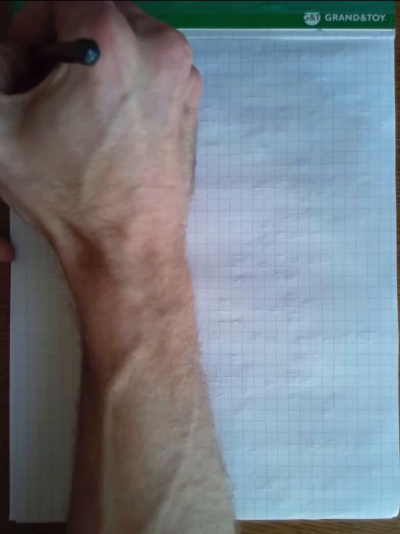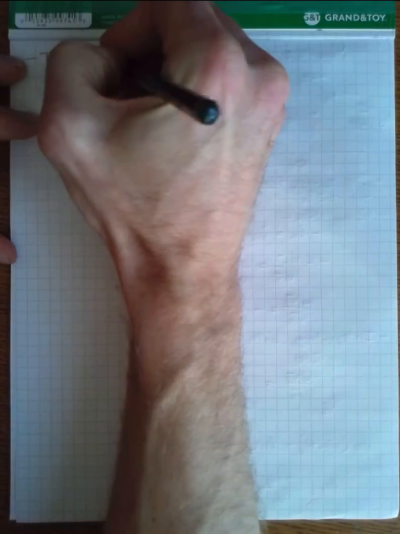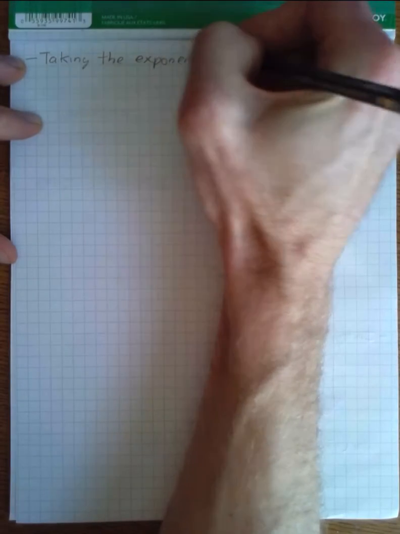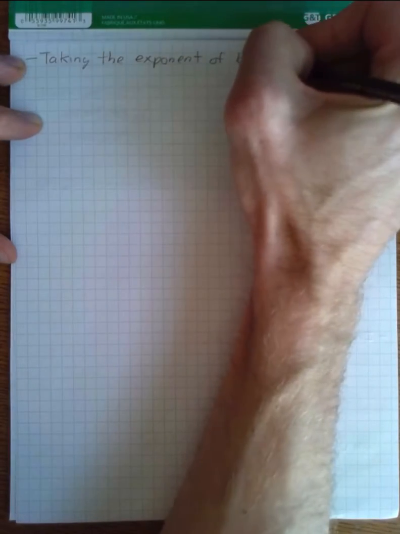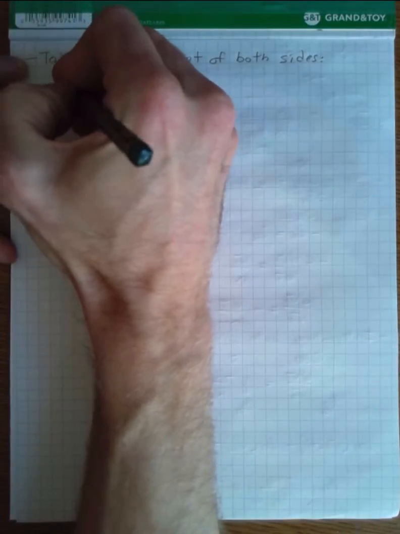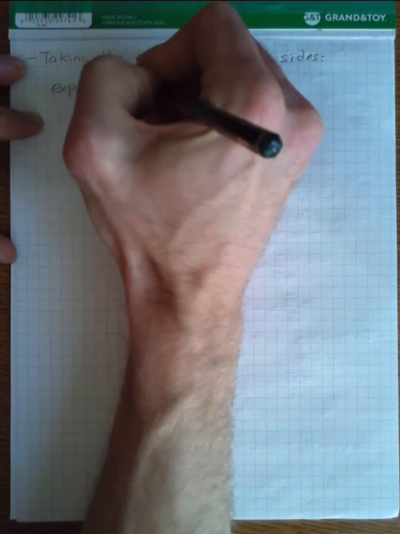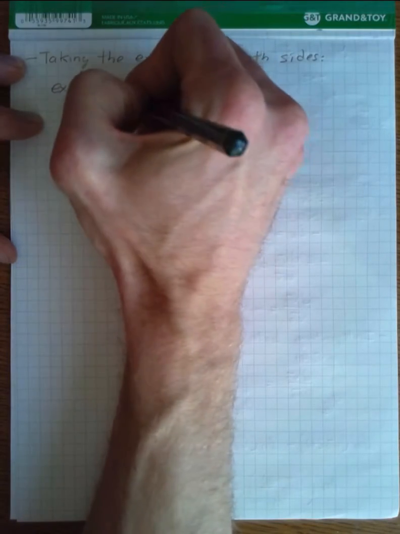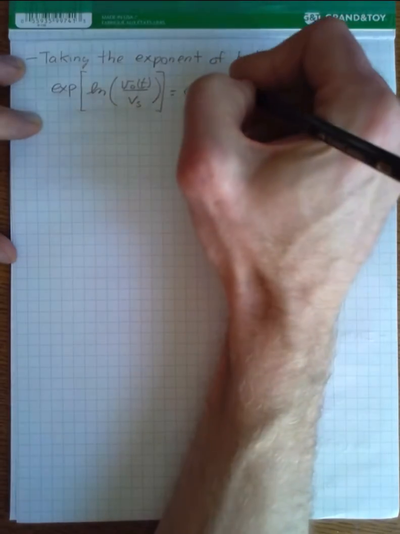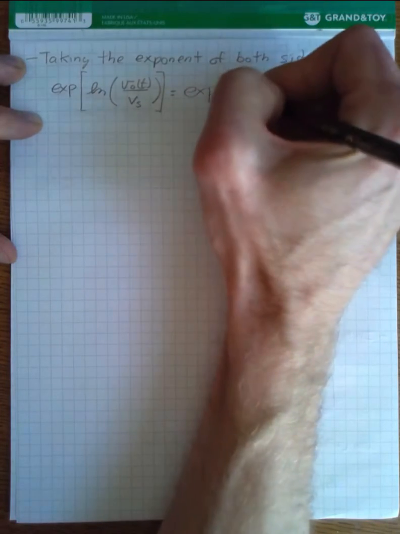Taking the exponent of both sides gives us the exponent of the natural log of V naught at times t divided by Vs is equal to the exponent of minus t1 over RC.